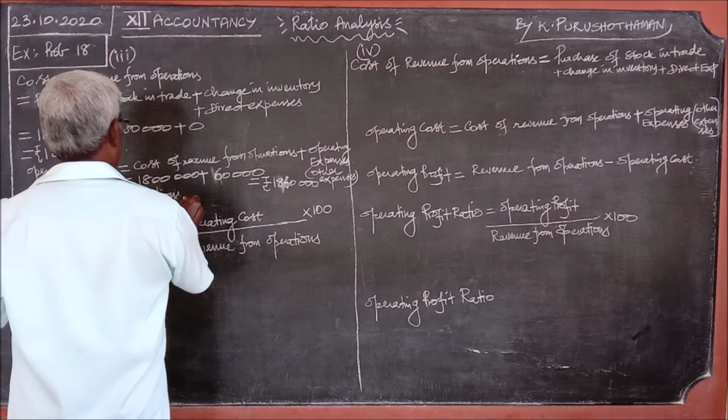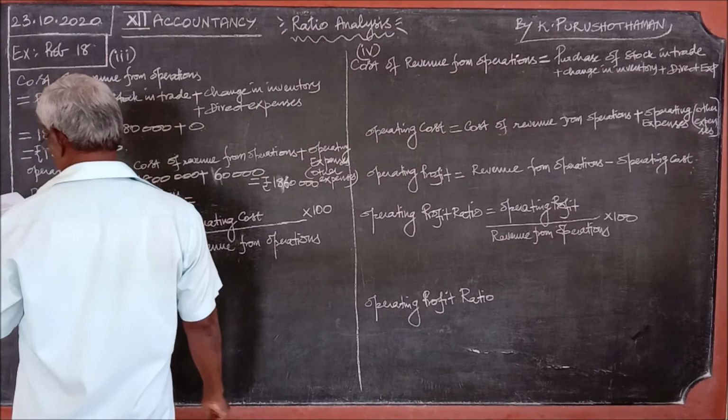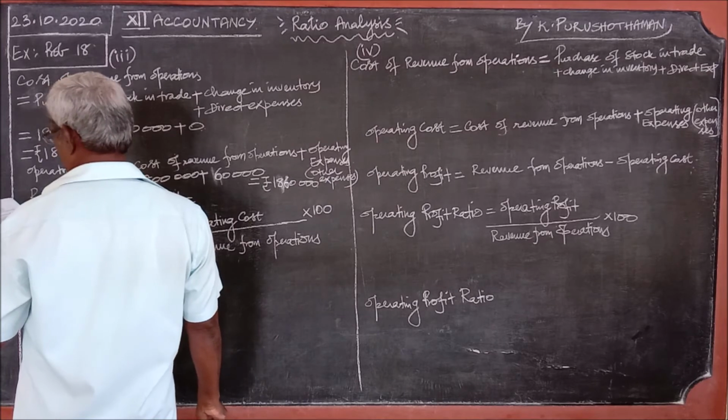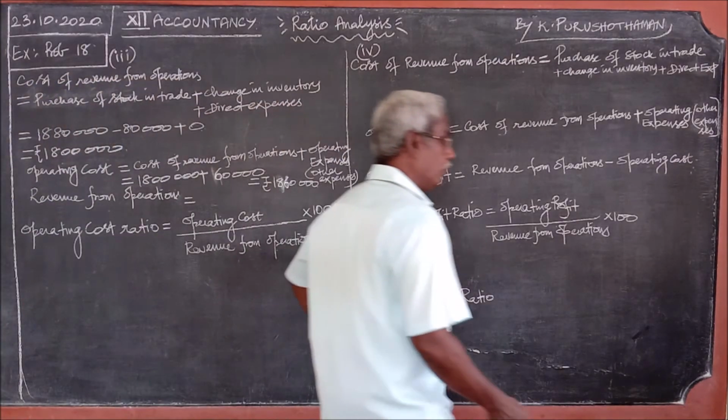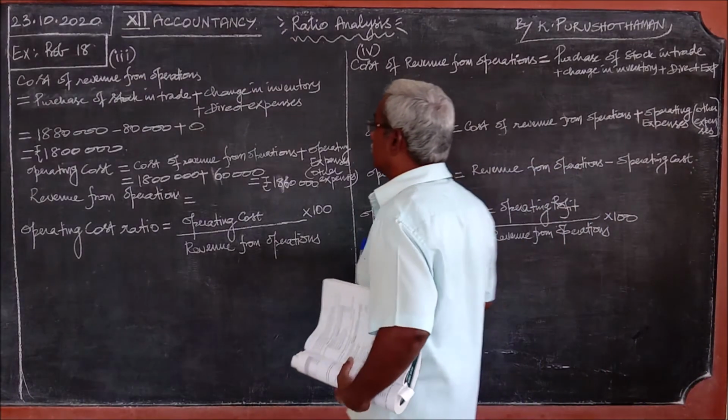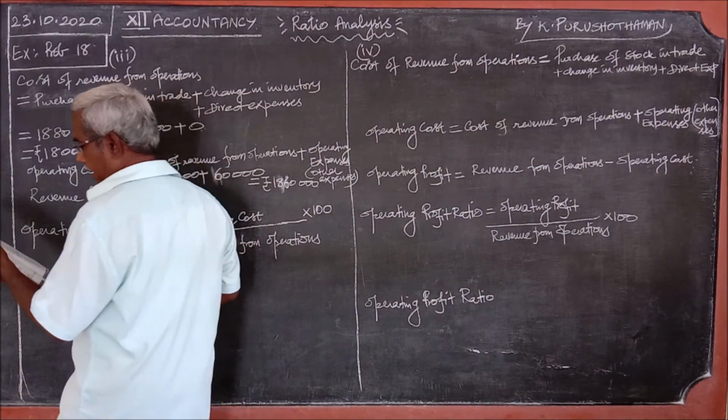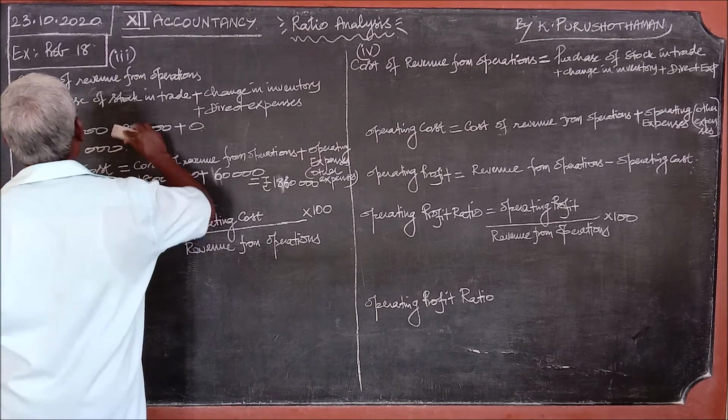Now what is revenue from operations? It is given, 4 lakhs. See, I wrote the values from 17, so I should write them on. Revenue from operations 4 lakhs.